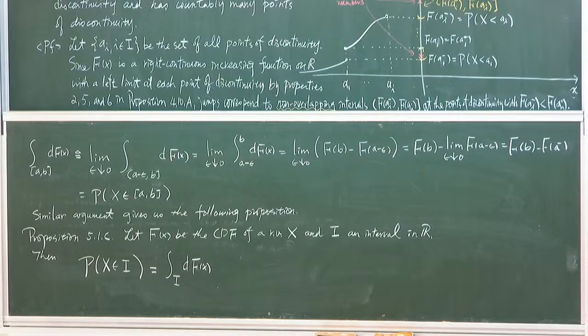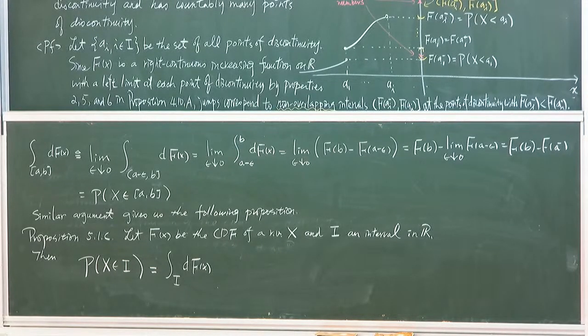Okay. And so the first proposition, 5.1.8, tells us that the PMF has non-zero value only at points of discontinuity of the CDF.